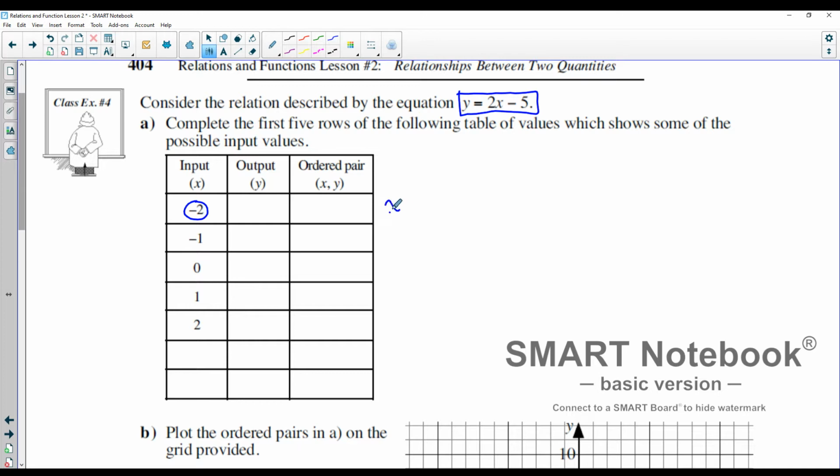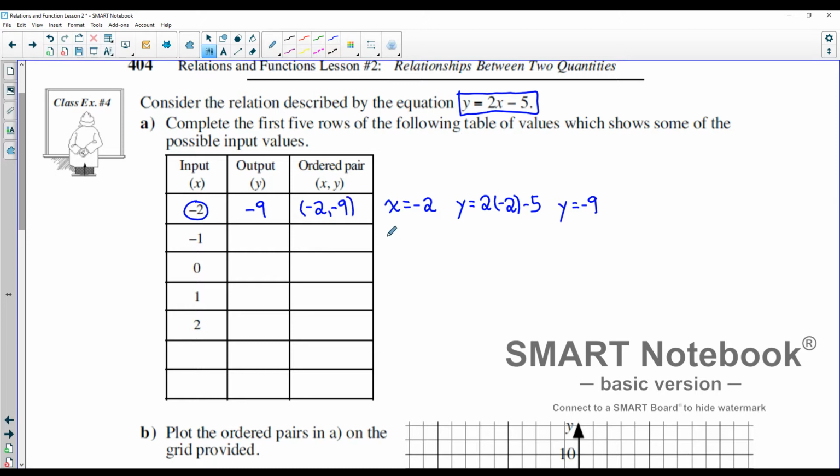So when x is equal to -2, if we plug this into the equation, we'd have y is equal to 2 times -2 minus 5. So 2 times -2 would be -4, and then -4 subtract 5 would be -9. Therefore, my output would be -9. And if I write this ordered pair down, it'd be -2 and then -9.